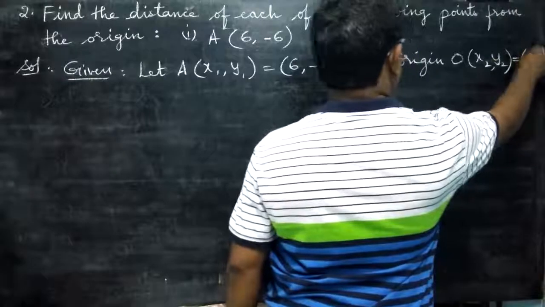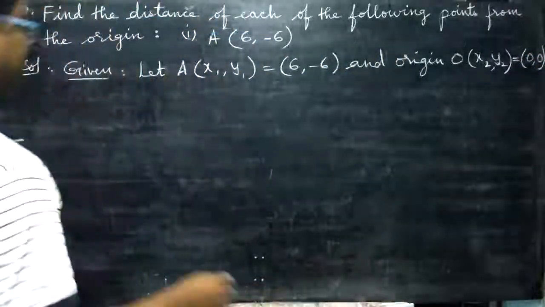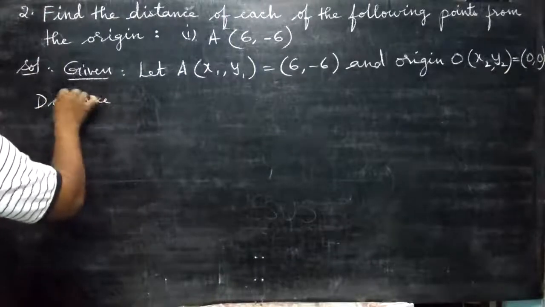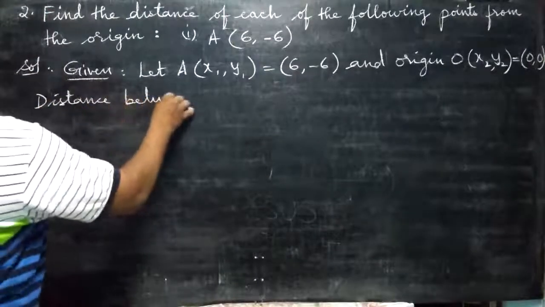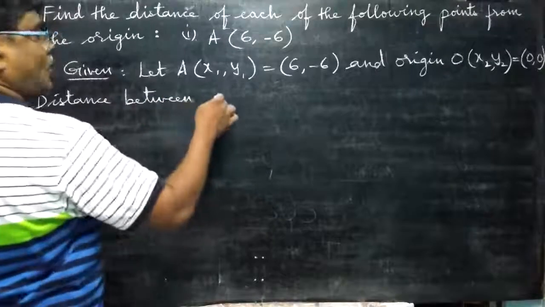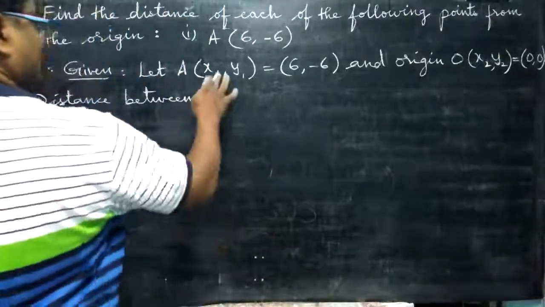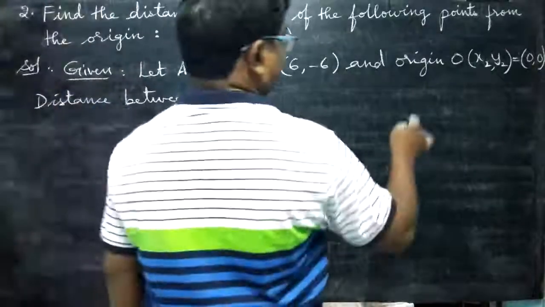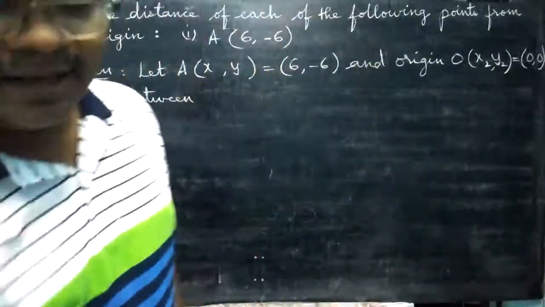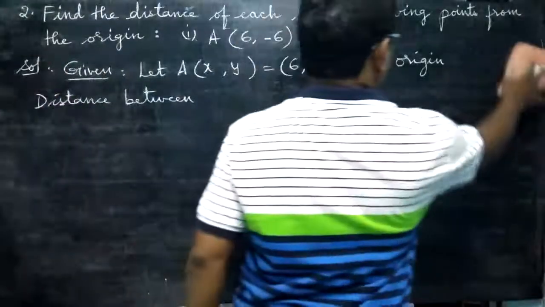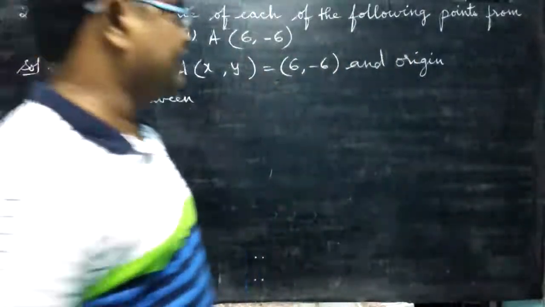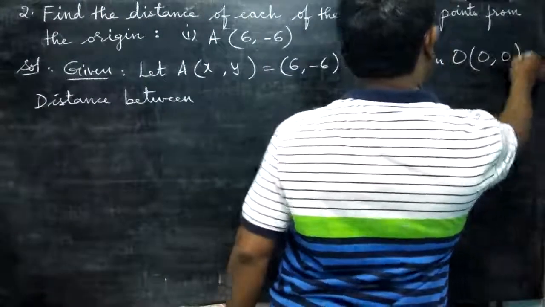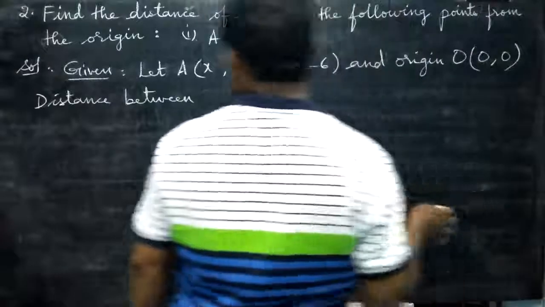The ordered pair of the origin will always be 0 comma 0.